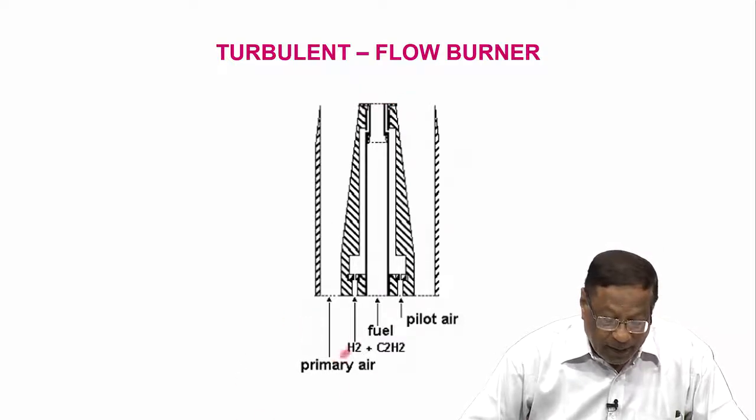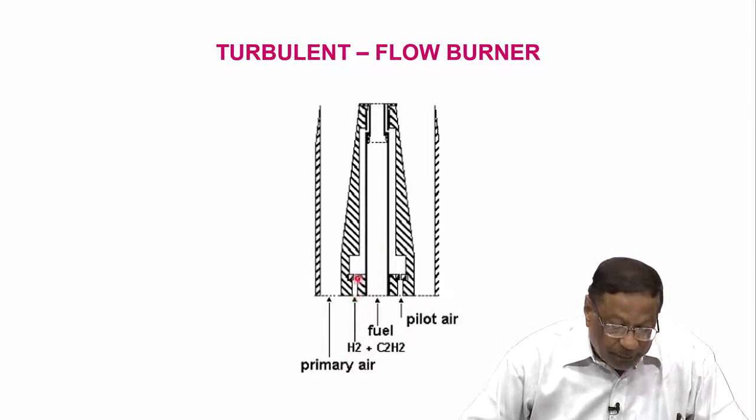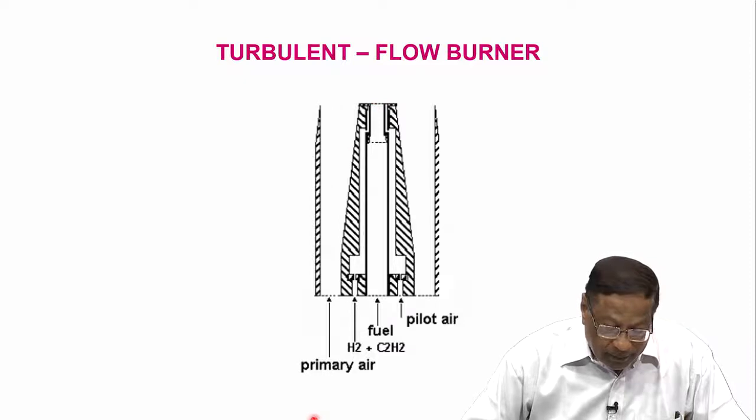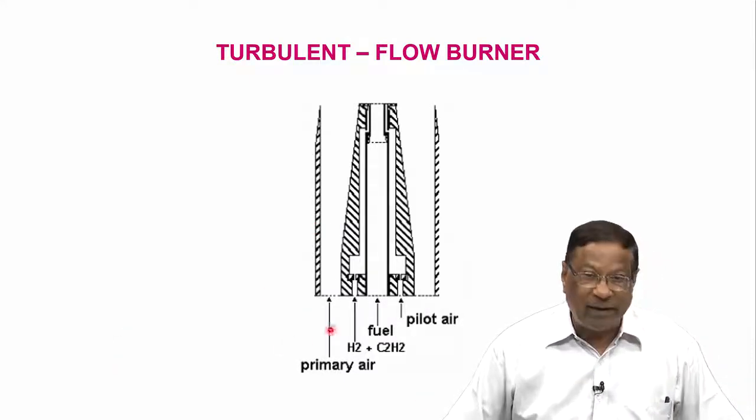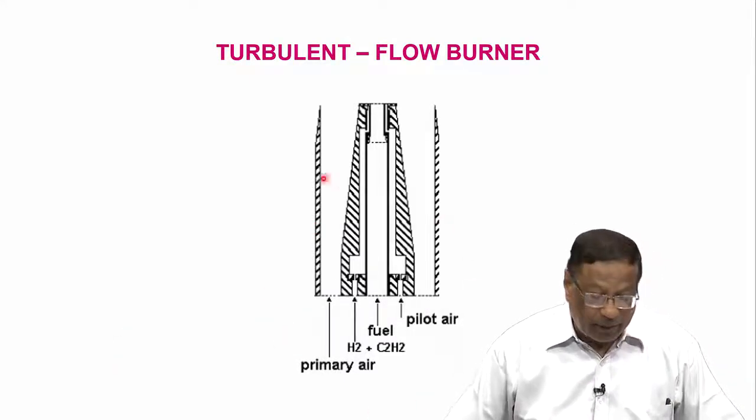I can have hydrogen coming up through this route and then entering here, or I can have acetylene fuel gas coming through this, or I can even pilot the air through this. So, there are several combinations and designs of the turbulent burner.